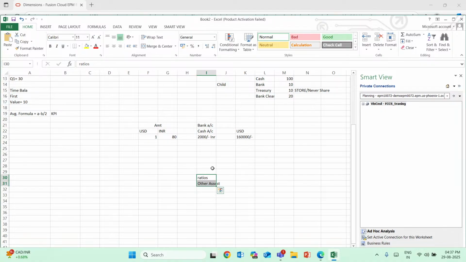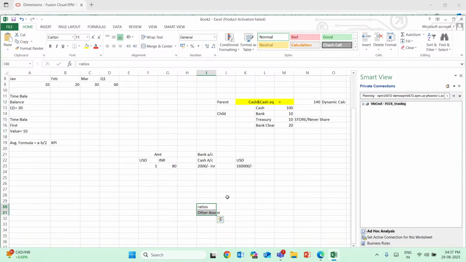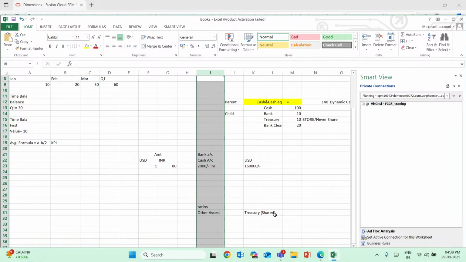So let's suppose now we will create this as a shared member. What is a shared member? I will tell you later. In the other assets, it is sharing as a property of treasury, which can be kept as a shared member, and I will tell you later how to create the shared member.